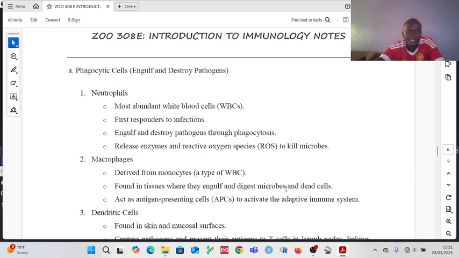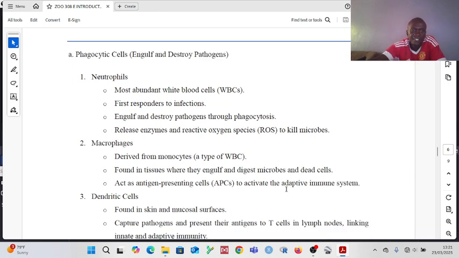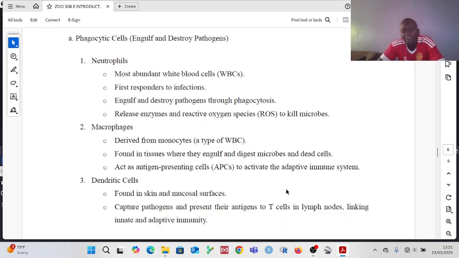So the cells that engulf and destroy pathogens, those are the phagocytic cells. The first, these are the neutrophils. Neutrophils happen to be the most abundant white blood cells, and they are always fast responders to any infection.